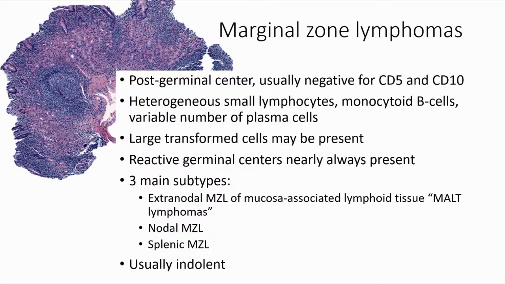It does transform to diffuse large B cell lymphoma in some cases, in which case you need to see sheets of large cells, and I think that's really the only defined line that we have. We don't have a specific number of large cells that are not in sheets, that are interspersed, that definitely push you to a higher category within marginal zone. You actually have to see the sheets of large cells.